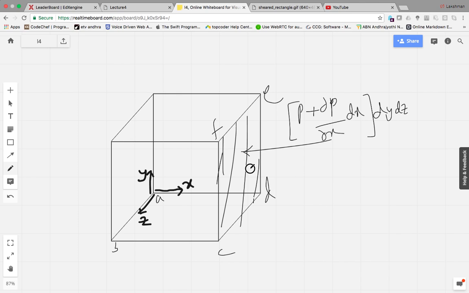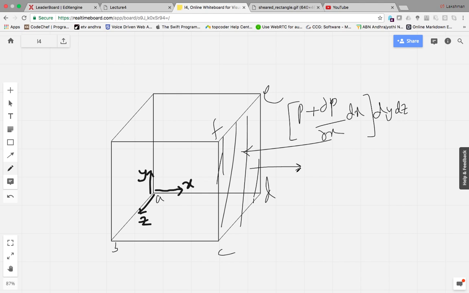And the normal stress is acting like this because we have considered the fluid horizontal velocity is increasing along the x direction. So u, du by dx, is increasing when you go in this positive direction. That means this fluid element is trying to pull this element to the right side. That's why you have the normal stress tensor pointing to the right side.